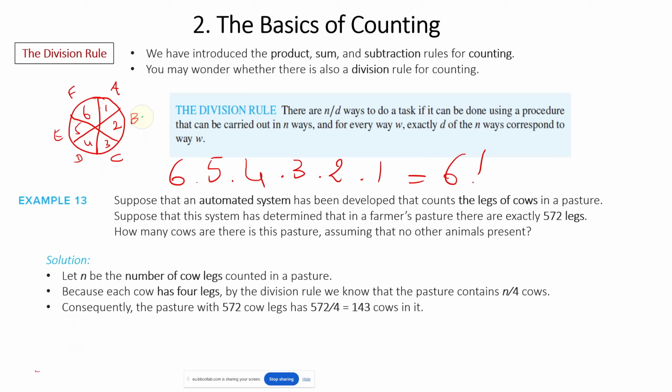For example, if I put A here, now B here, and C, D, E and F, each guest still has the same neighbors, and that means each one is actually seated the same way. If I don't care whether they are seated the same way, then this is the answer.